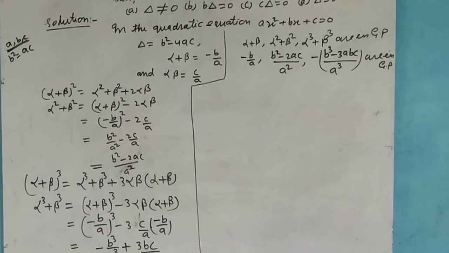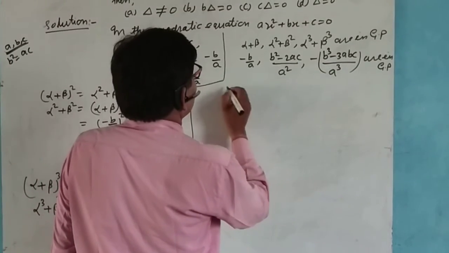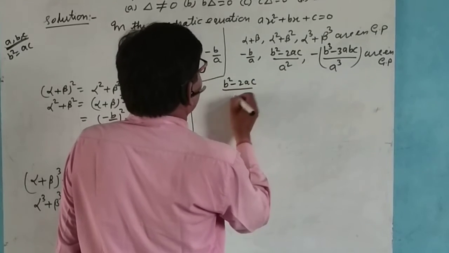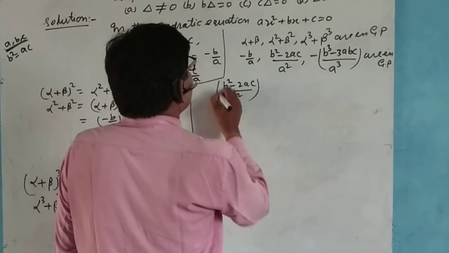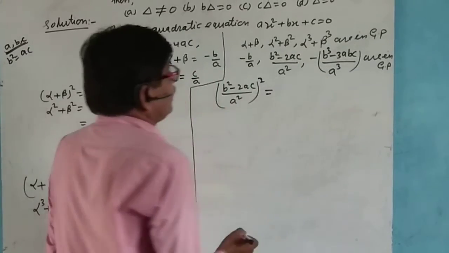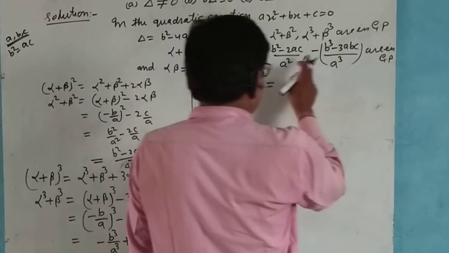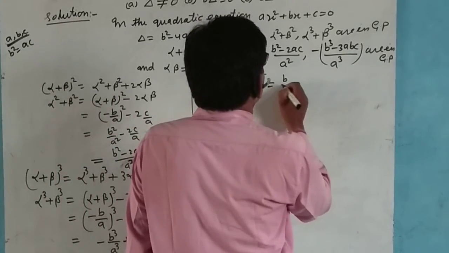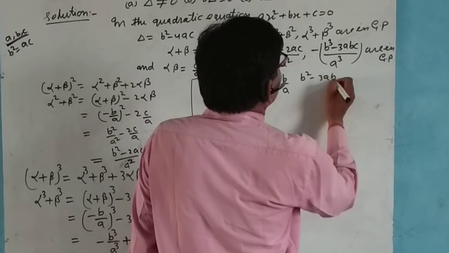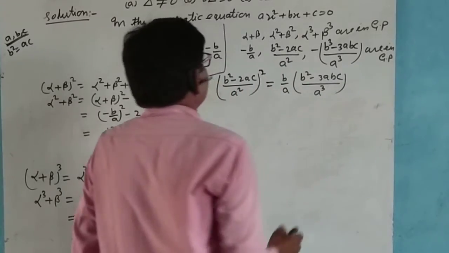Applying this property, (b square minus 2ac divided by a square) to the power 2 equals the product of the other two: minus minus plus b by a, times (b square minus 3abc divided by a cube).